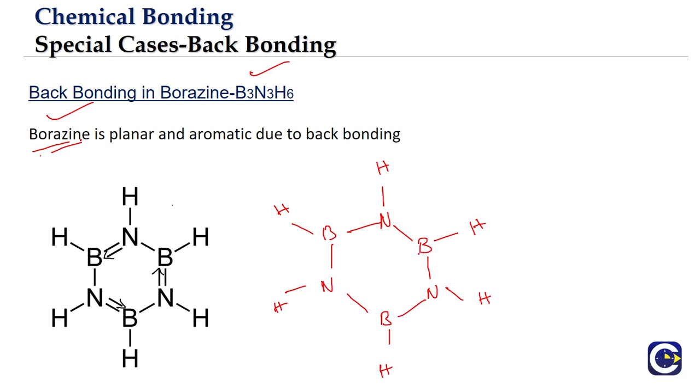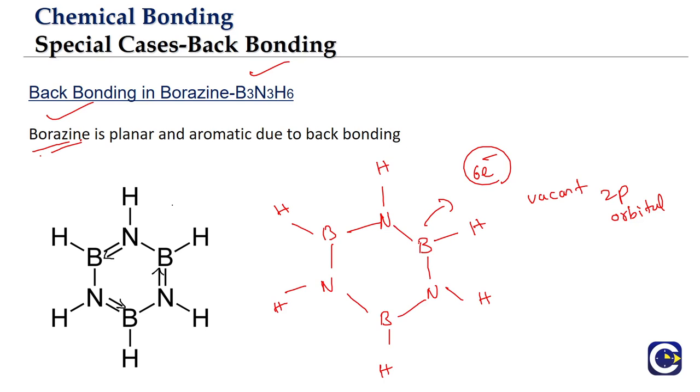So how can we explain it? Now boron has formed 3 bonds. Each of the borons has formed 3 bonds, but it is not able to reach the octet. This is the typical case with boron. It will have only 6 electrons after forming the bonds. So boron will have a vacant 2p orbital. Okay, now what about the nitrogen?